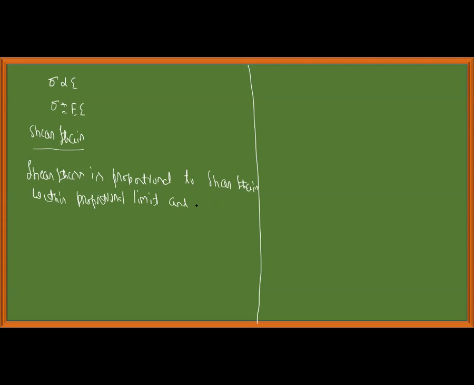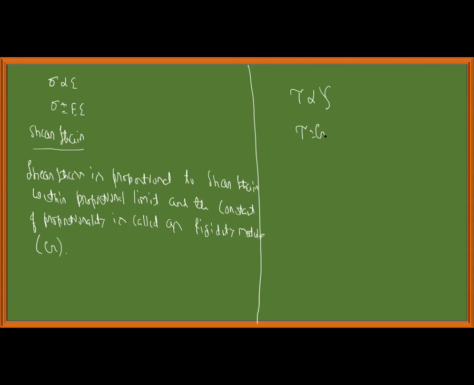and the constant of proportionality is called rigidity modulus. It is indicated by G. Shear stress is proportional to shear strain indicated by gamma within proportional limit.